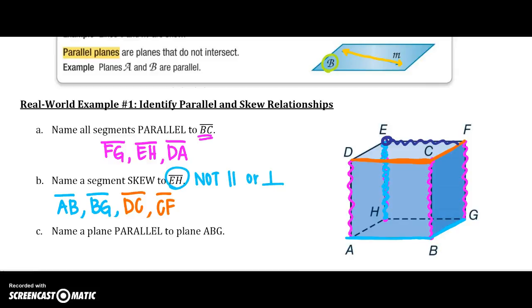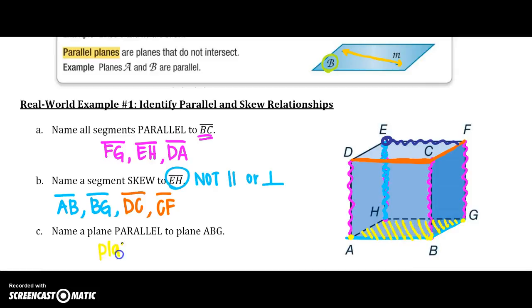All right, and last, let's name a plane parallel to ABG. We're looking at this bottom plane right here. If you see a dice or a cube, the plane parallel will never intersect. Notice if that's the bottom of the cube, then I want the top of the cube.